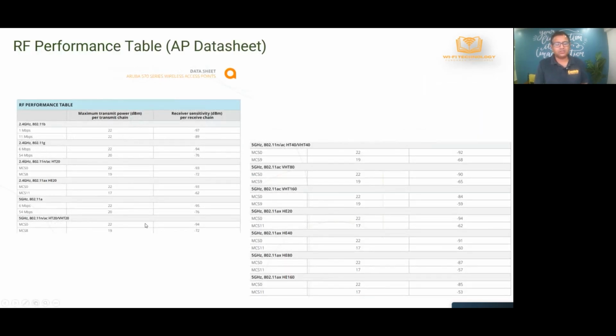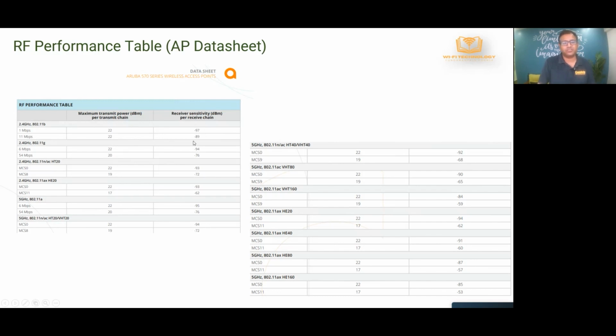Now, some of you who come from the Wi-Fi world might have seen these kinds of data sheets, which talk about the RF performance capability of an access point. Here you are showing how good the receiver of the access point is by looking at the receiver sensitivity numbers.